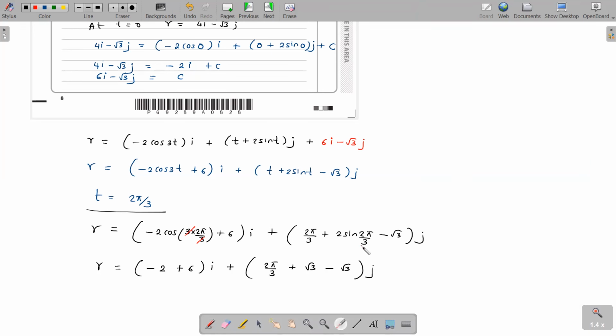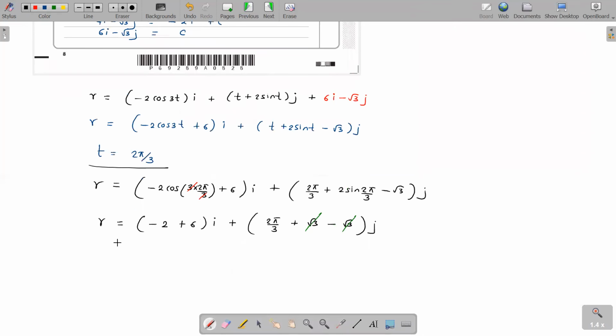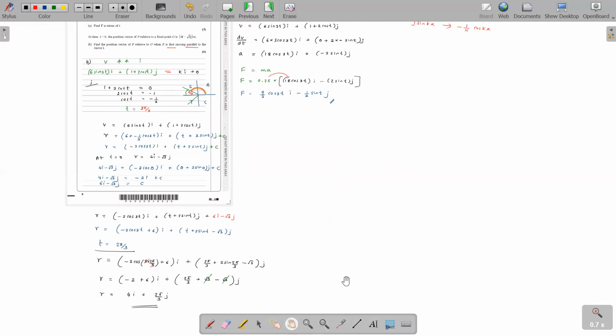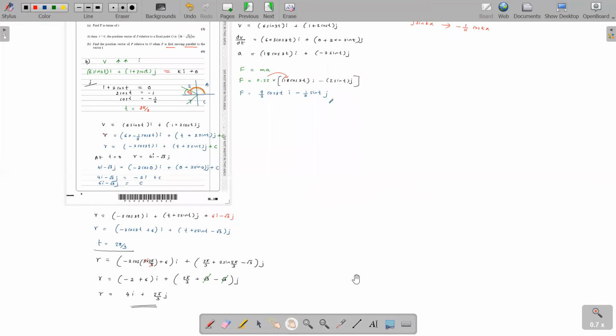Do you see? 2 sine 2 pi over 3 is root 3, there's another root 3, and the root 3s cancel. And then what's our position vector? r equals minus 2 plus 6, which is 4i, plus 2 pi over 3 j. So this is your position vector when the object is first moving parallel to vector i.